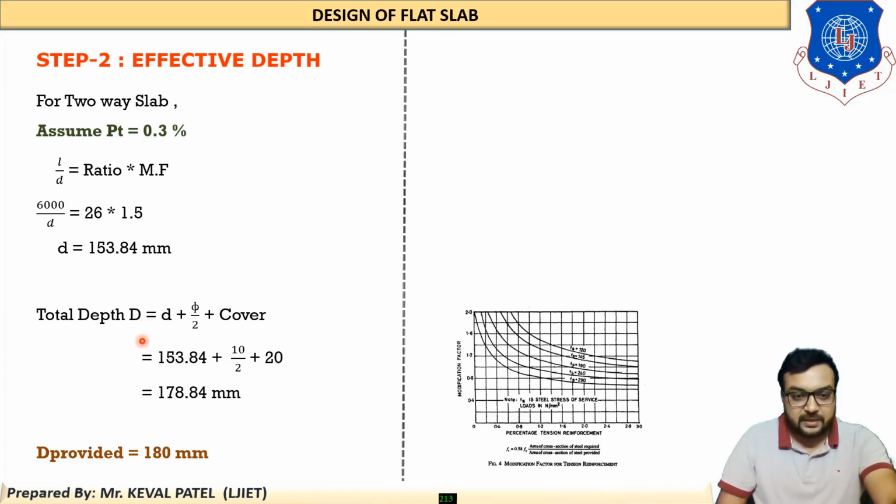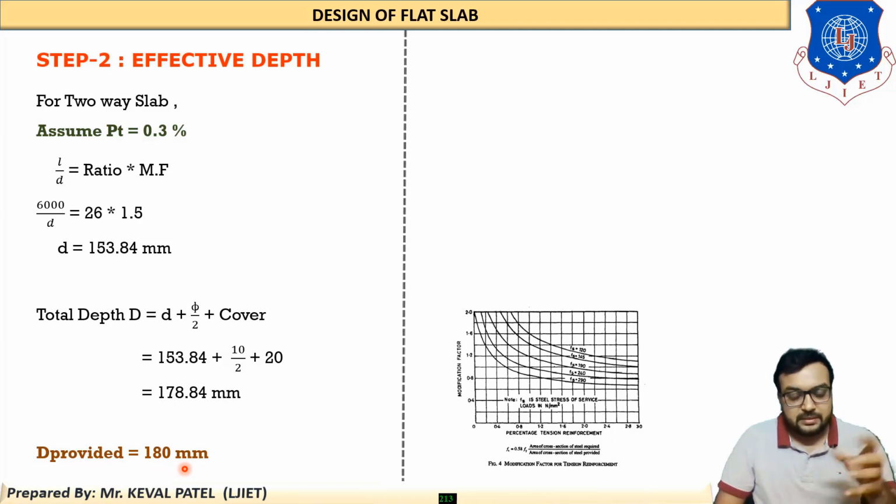The equation of capital D is small d plus diameter by 2 plus cover. After putting all these values, we will get 178.84 mm. So in this example, we have to provide a minimum 178.84 mm thick slab, so we provide a 180 mm thick slab.